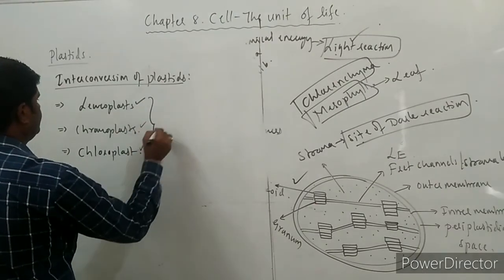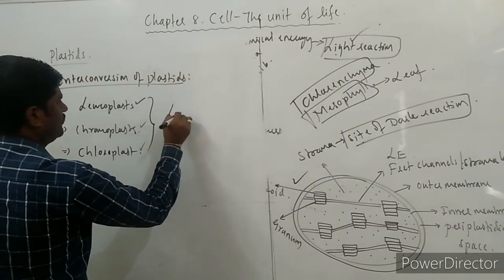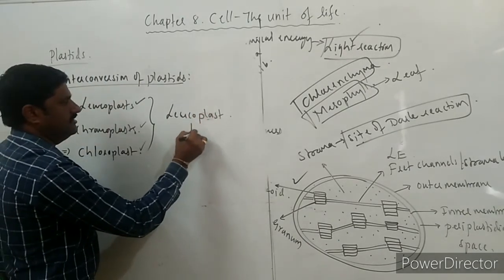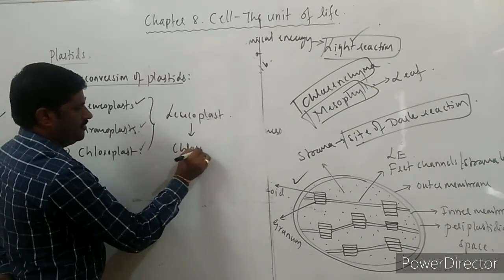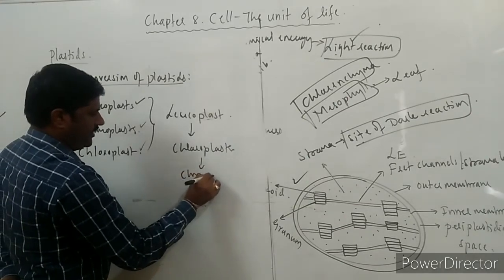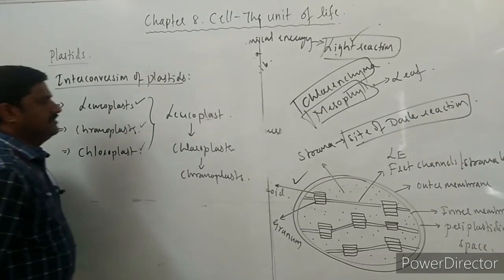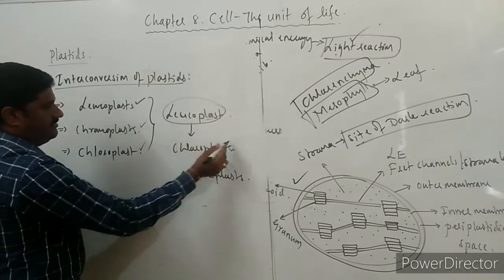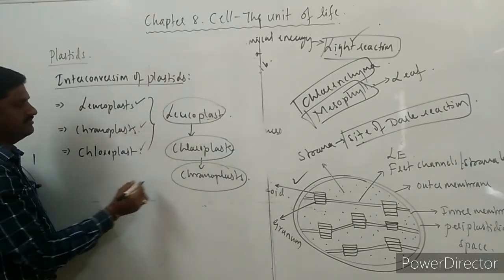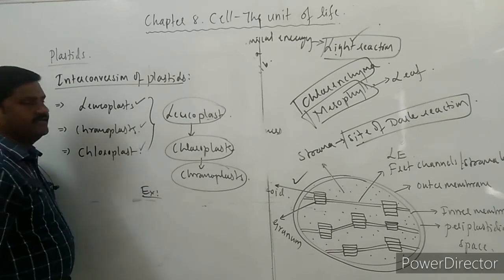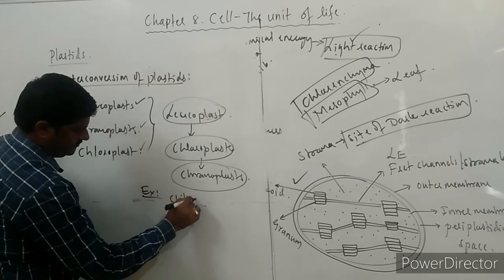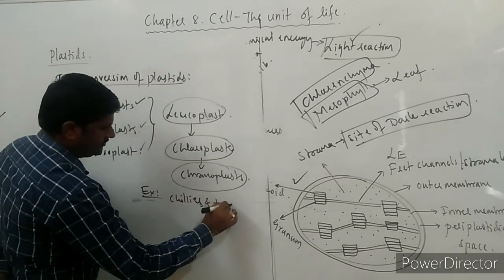The interconversion occurs like this: first of all, leucoplasts are converted into chloroplasts, and these chloroplasts are converted into chromoplasts. One example I would like to take is chilies as well as tomatoes.